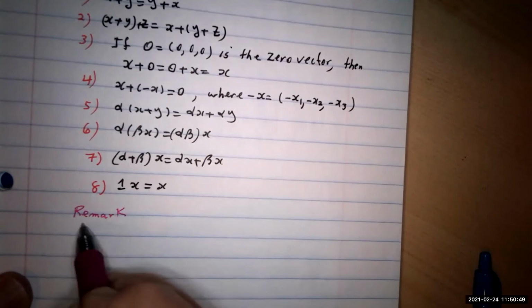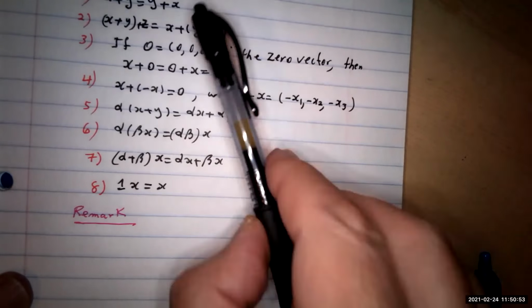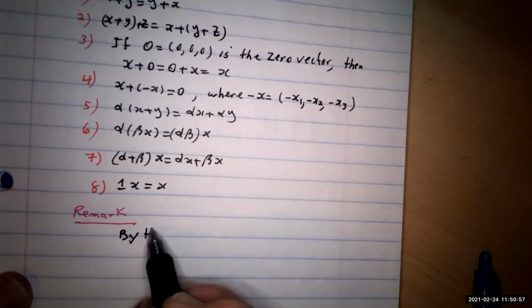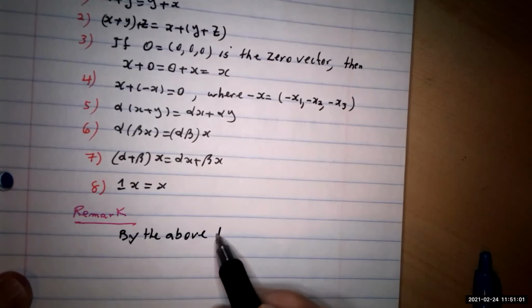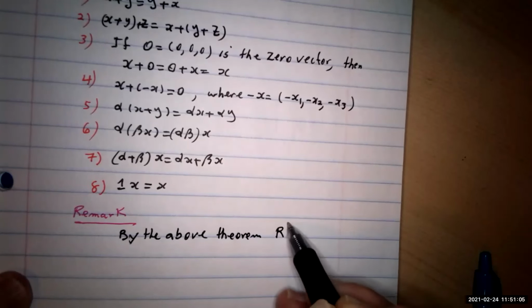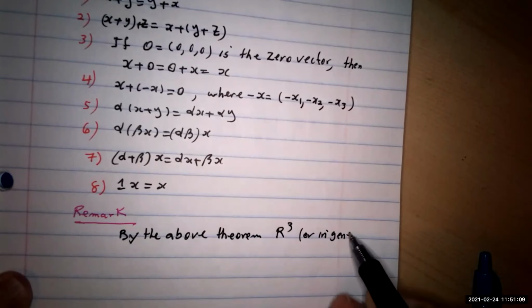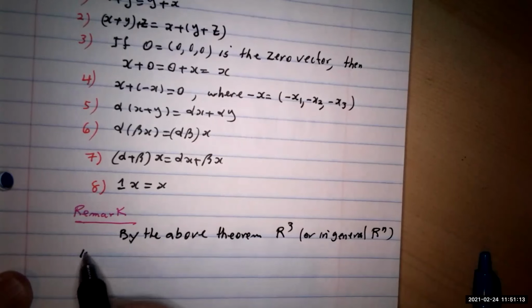So in general, we give you a remark. The remark is that by the above theorem, R3, or in general Rn, is a vector space.